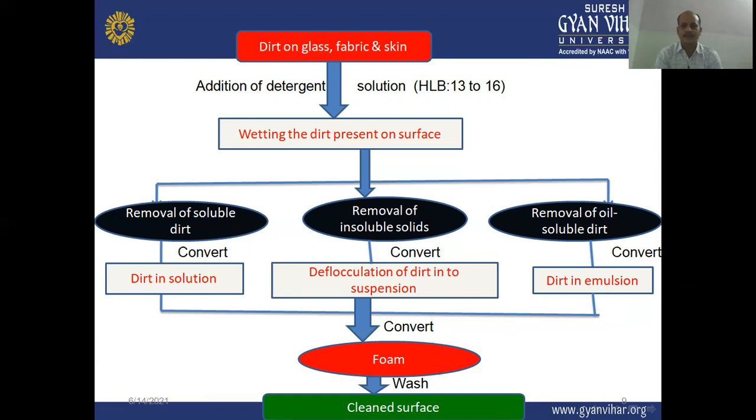So these are the different processes for different types of dirt, whether soluble in water, insoluble, or oil soluble. Finally, it converts into a foam, and then it can clean the surface.